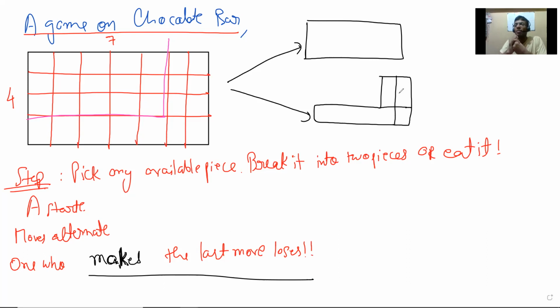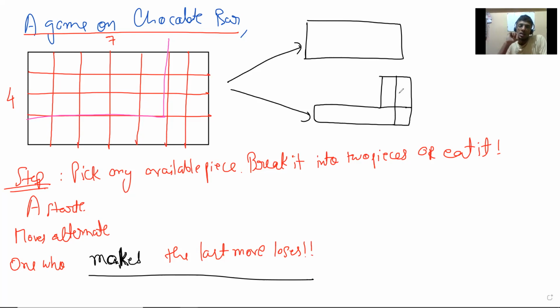So see, basically the point is, and this is the theme even in the next question which I had asked, A always wants to leave at least one chocolate bar for B. After he is done making a move, at each step, he wants to ensure that there is at least one chocolate bar left for B. He will want that so that it carries over till the end.